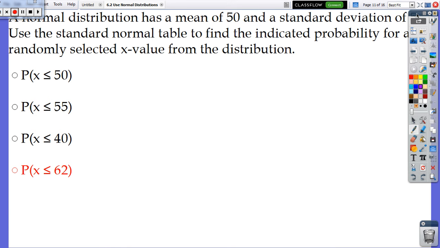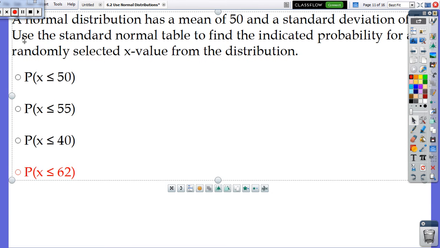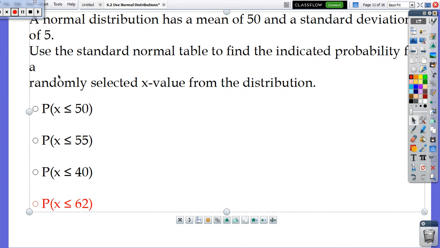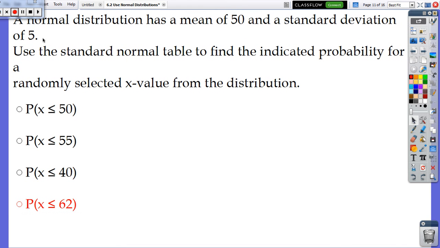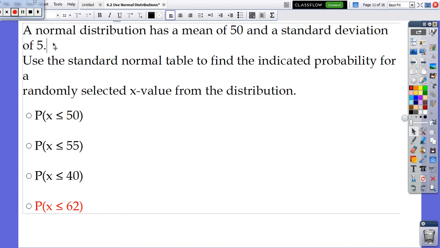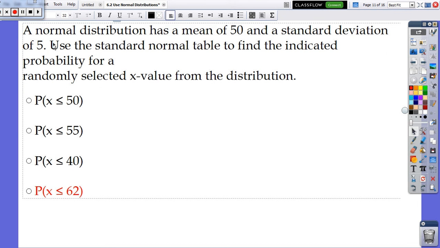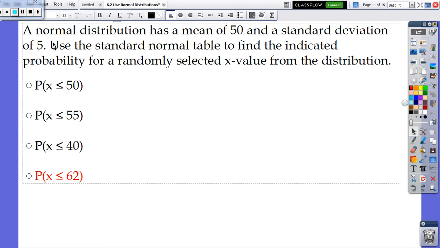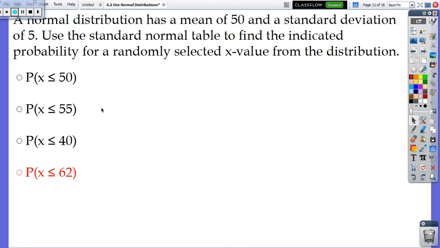Okay, so let's look at something like this.